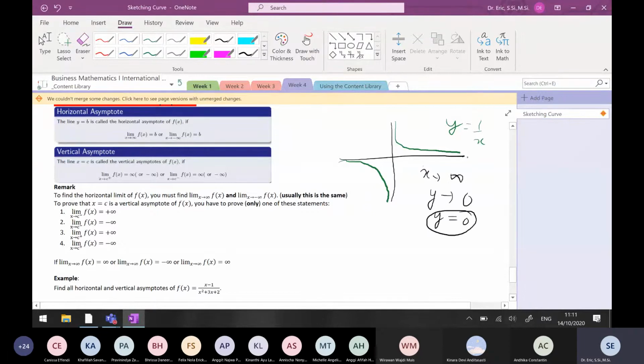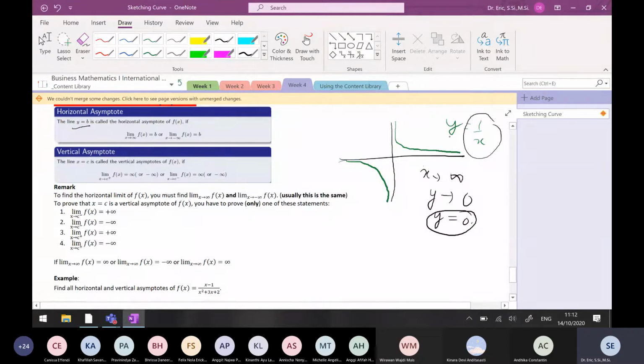So y equals b is a horizontal asymptote if, when x gets larger and larger, the value goes to the height of b. And this one goes to the height of 0. So y equals 0 is the horizontal asymptote of f x equals 1 over x.